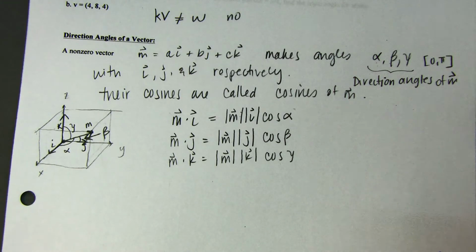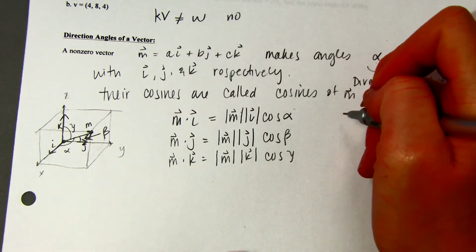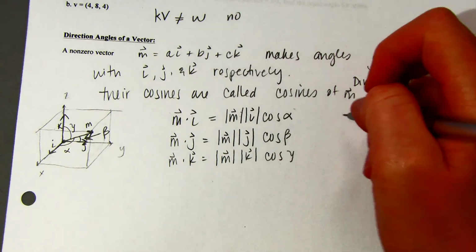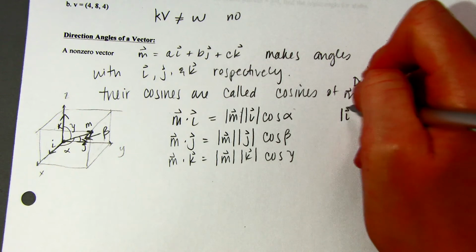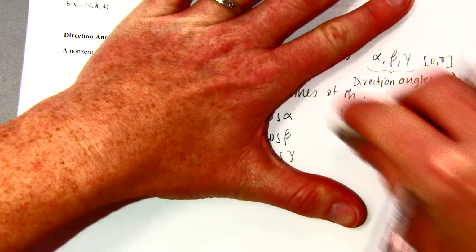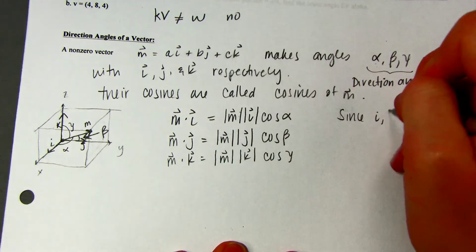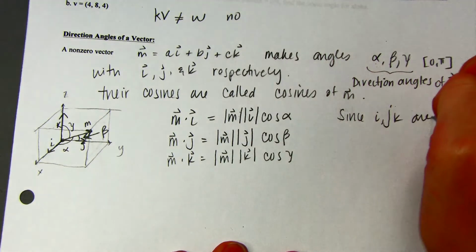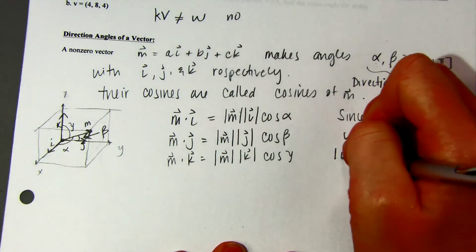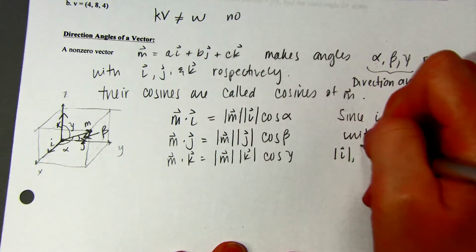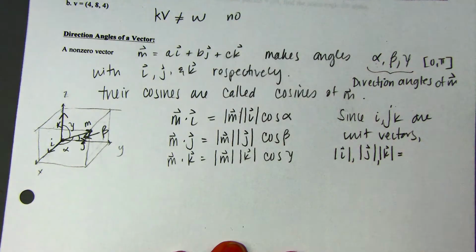Now, we know that i, j, and k are unit vectors. So the magnitude of i, the magnitude of j, and the magnitude of k are all equal to what? 1.